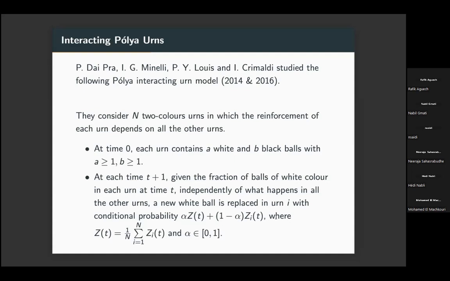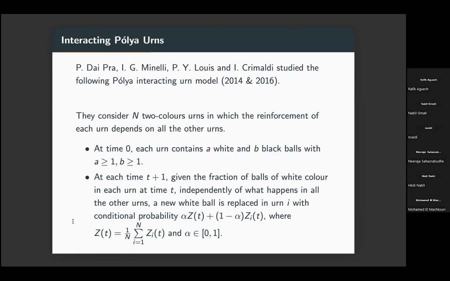Now let me explain what this is. z_{i,t} is the fraction of white balls in the ith urn, and z_t is the overall fraction, so you're just taking the average of the fractions in all the urns. This is where the interaction with all the urns is coming in. Earlier, remember when you had a single urn, you were drawing uniformly at random. We are not doing that anymore. We are adding a new white ball in the urn at time t with probability alpha z_t plus (1 minus alpha) z_{i,t}, where alpha is a fixed parameter.